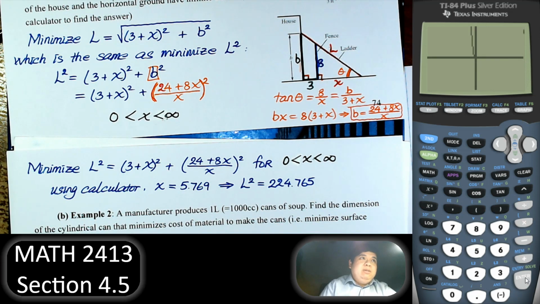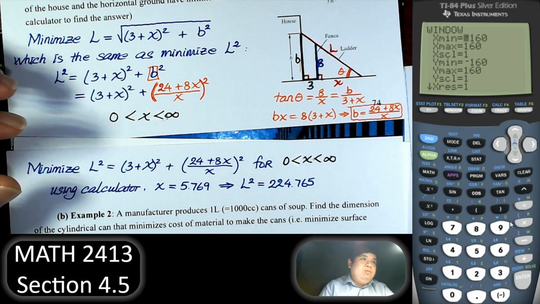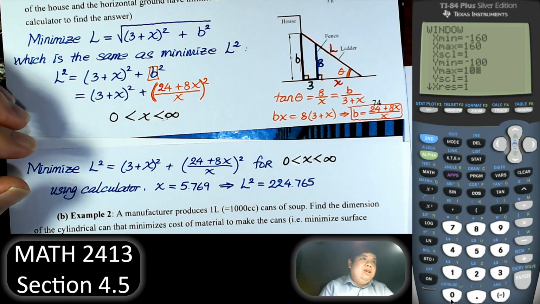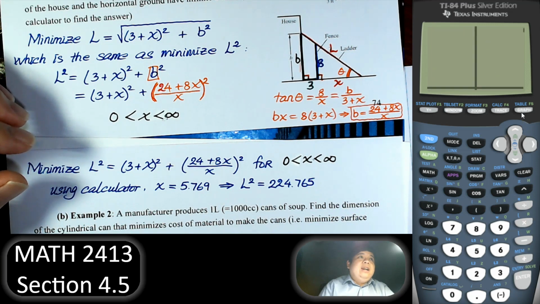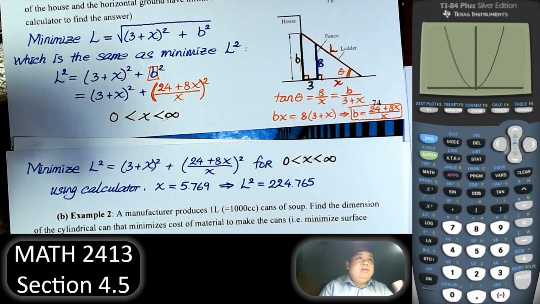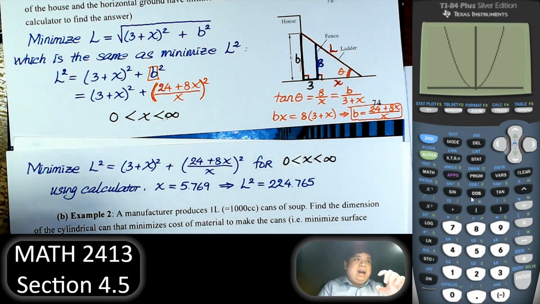If you don't see that, try to put very big windows. Then certainly you will see the graph. If you don't see the graph, try to make a very big window, and then try to zoom it back in.